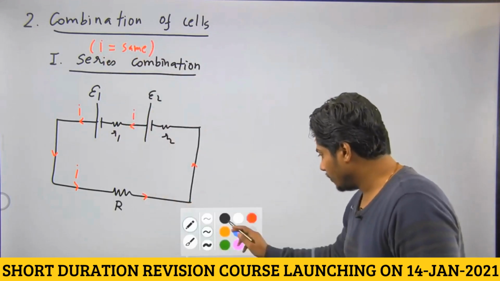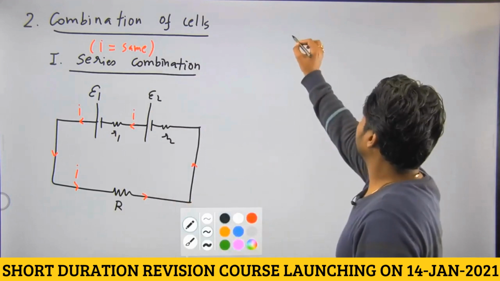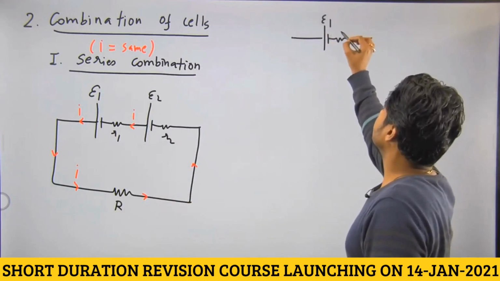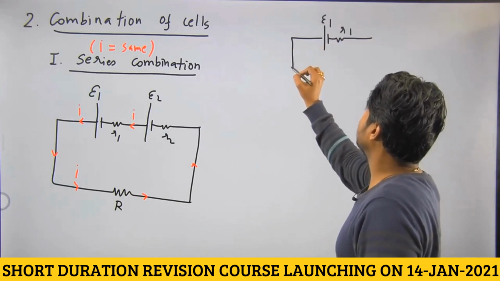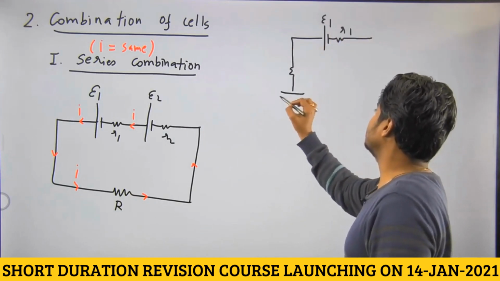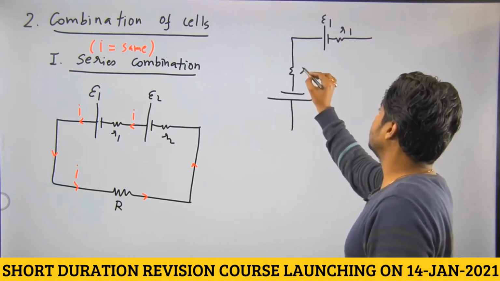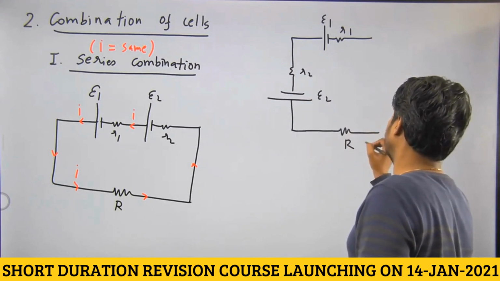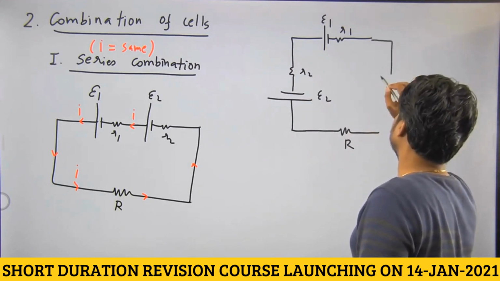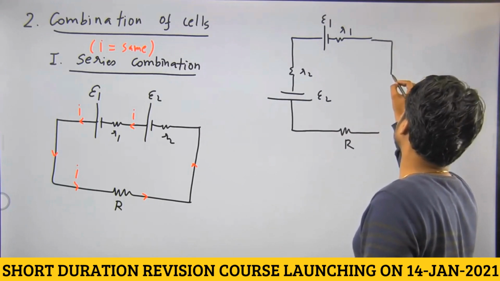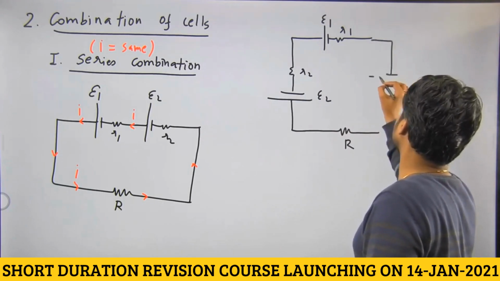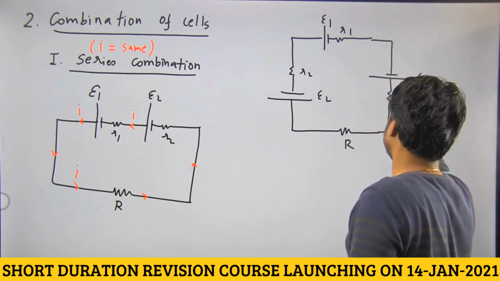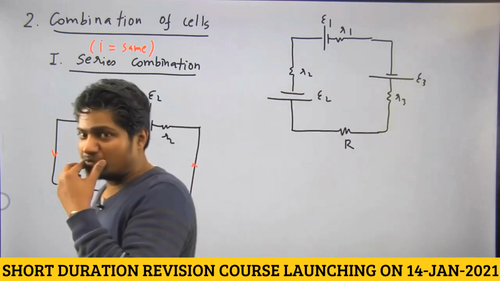Okay. I can also draw one more thing. Suppose I draw them like this: this is, let us say, E1, this is R1, this is R2, this is E2, let us say this is R, and let us say there is one more cell over here, E3, R3. Now, you might wonder, sir, what is this?